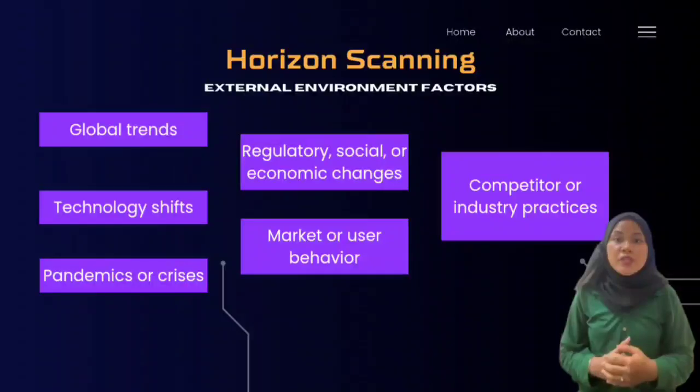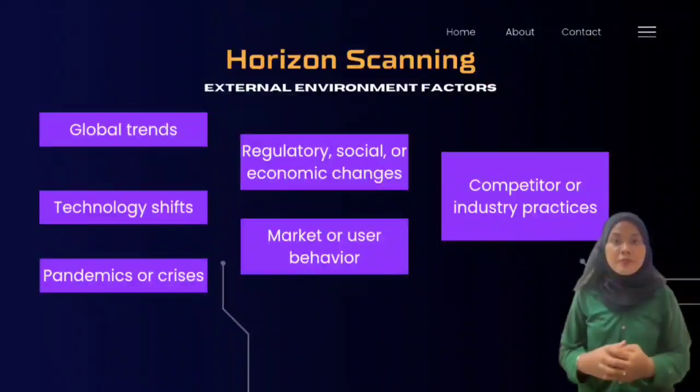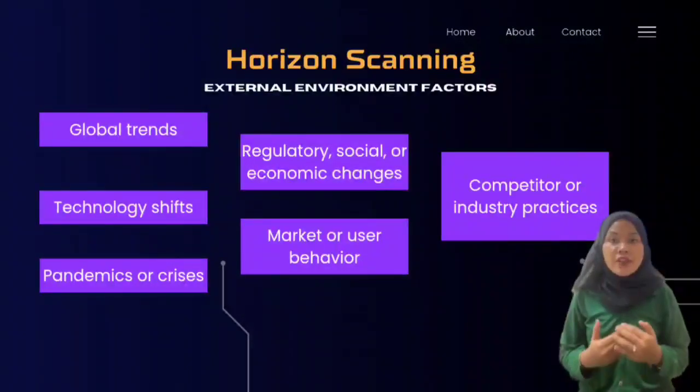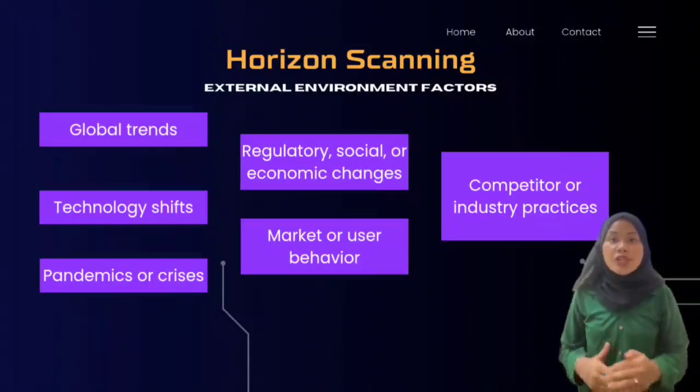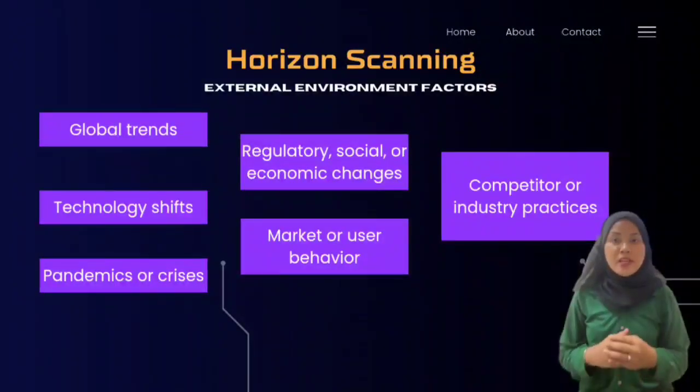Moving on to regulatory, social, and economic changes. The Malaysian government has launched digital transformation initiatives like the Malaysia Digital Blueprint, which urges public institutions to adopt more advanced and efficient online systems. Moreover, the enforcement of laws like the PDPA means that student data must be handled securely.